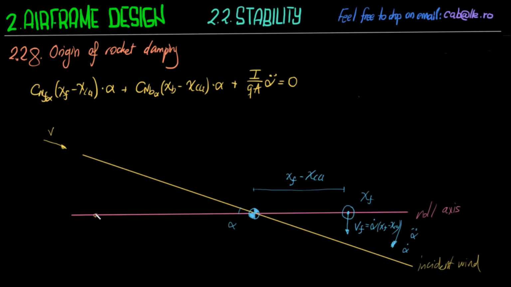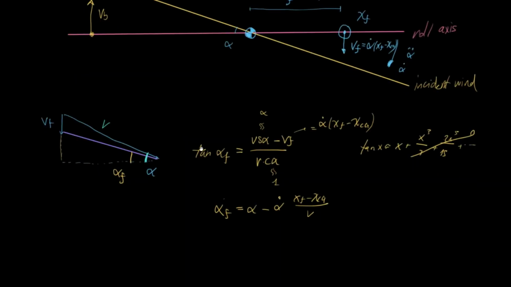So if the rocket is rotating this way, the relative velocity is going to be different. It's at a different distance from the center of gravity, which is the point at which the rocket rotates. So the thing that was wrong in the last equation is that here we left this, and this is what we just developed a minute ago.